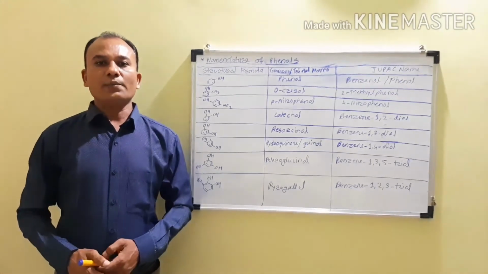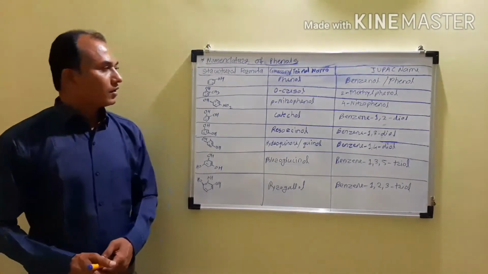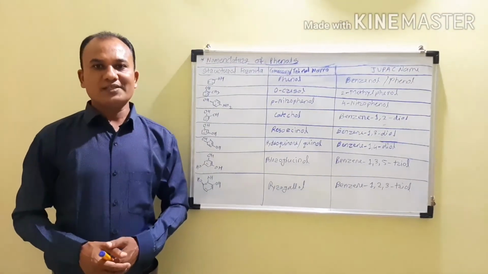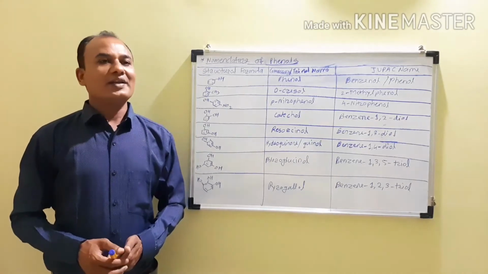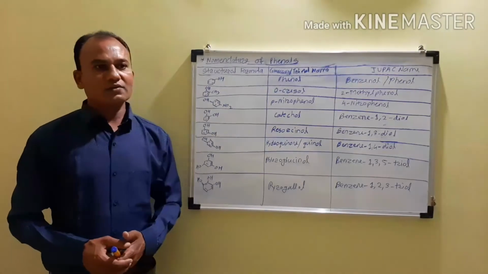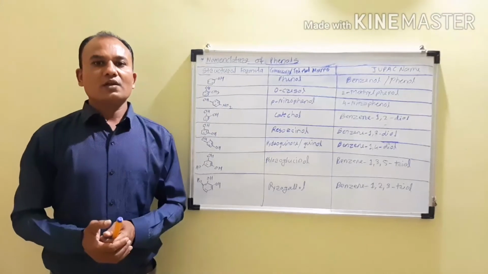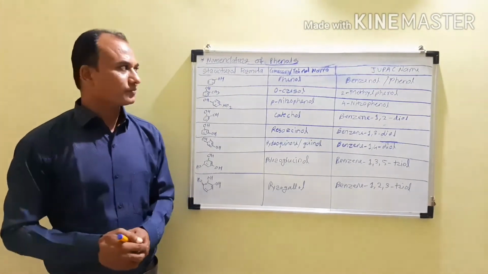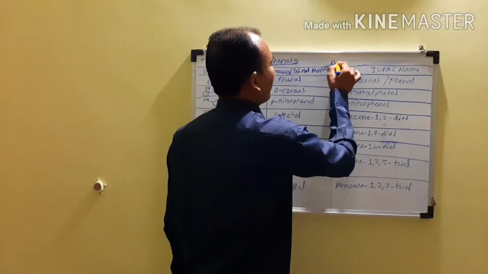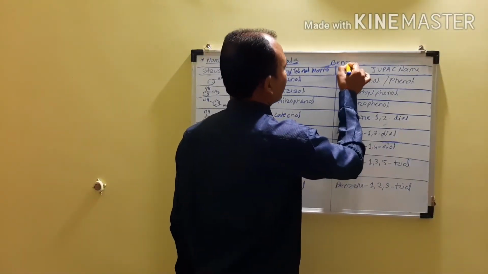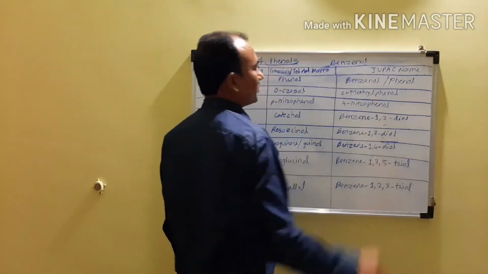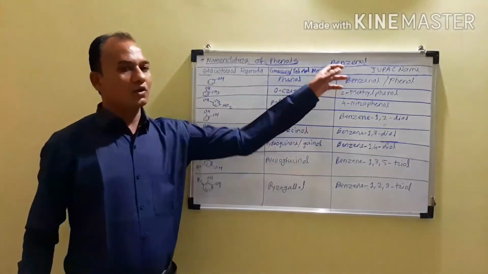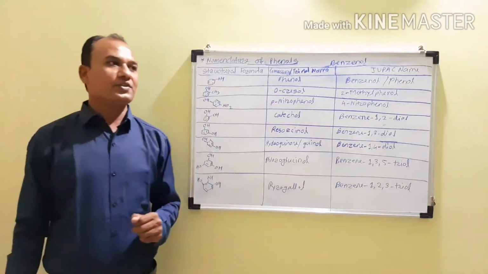Next is the nomenclature of phenols. Now, phenols are the hydroxyl derivatives of benzene. The common name of these is phenol, and the IUPAC name is benzenol. It means that on benzene we are replacing the E by OL, and then we get benzenol according to the IUPAC name system.